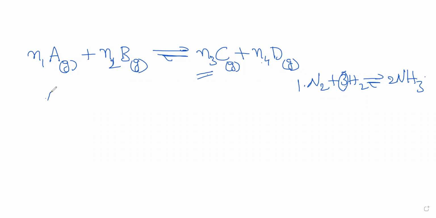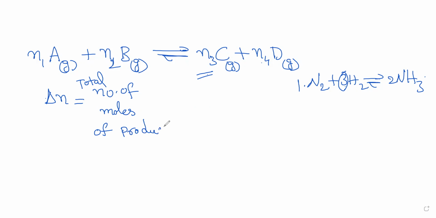And now we have a factor called delta N, which is the total number of moles of products minus the total number of moles of reactants.